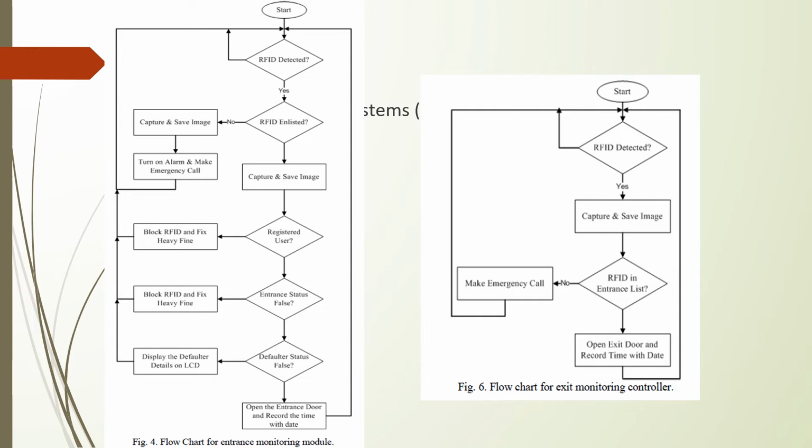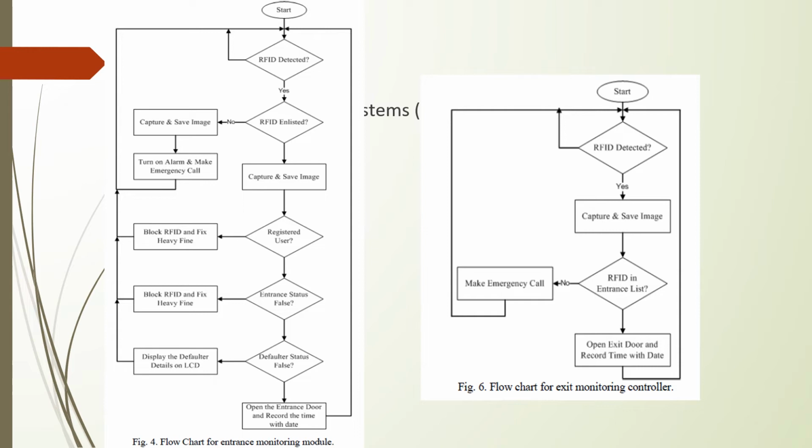If the user is a defaulter, it will show a defaulter message on the LCD screen. If the user is not a defaulter, then the entrance door will be opened and the timestamp will be recorded into the database, showing when this person entered the premises.